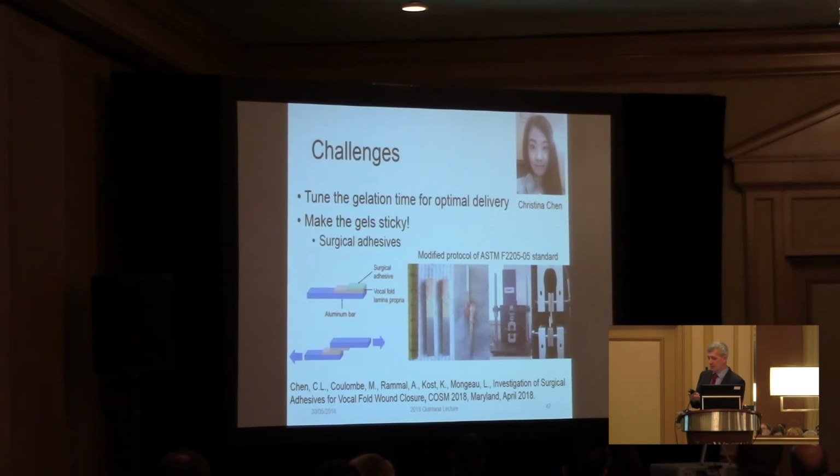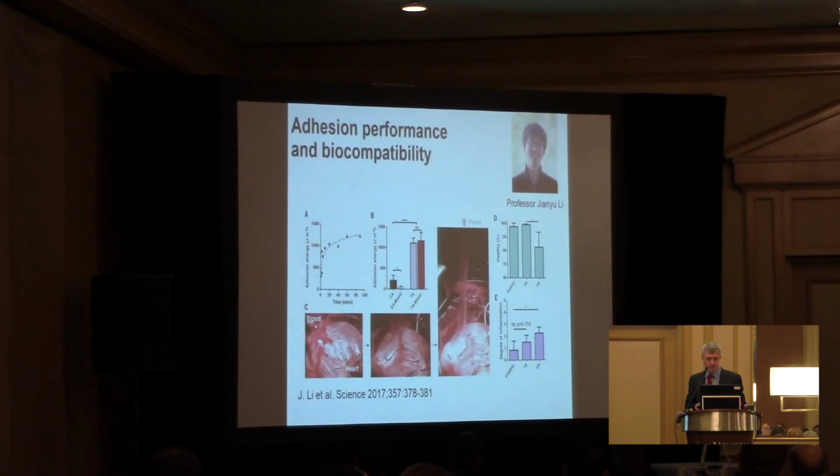So what we do is we put porcine vocal fold tissue and we fix it onto an aluminum bar, and then we put two of them, one against the other, with the adhesive in between, and we pull and shear, and we measure basically how much force it takes before it breaks. And so we can evaluate the bonding strength of the adhesives.